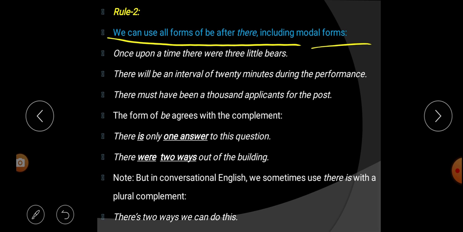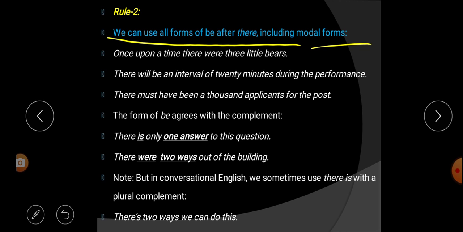We know that in grammar there is a be verb. What are the be verbs? Those are is, am, are, was, were, then being, been. Understood? Is, am, are, was, were, being, been. These are the be verbs.